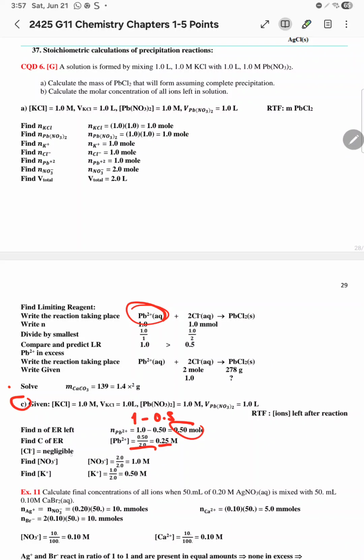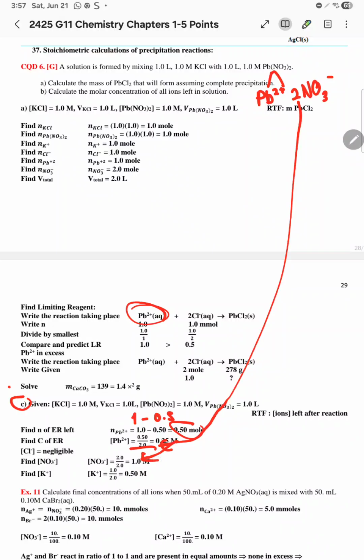NO3 minus is what comes from the PbNO3 here. So you're gonna do 2 divided by 2 because we have here 2 moles of NO3. Remember, I said this splits up into Pb2 plus and 2NO3 minus. Since this is the case, you divide it by 2 to get 1 molarity.